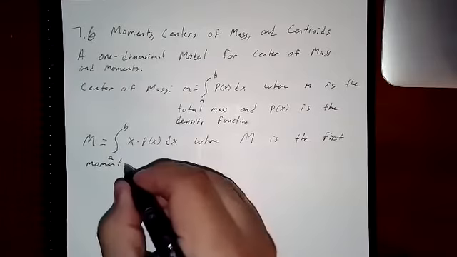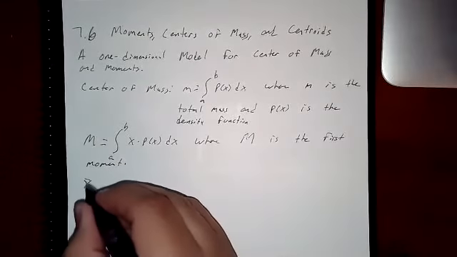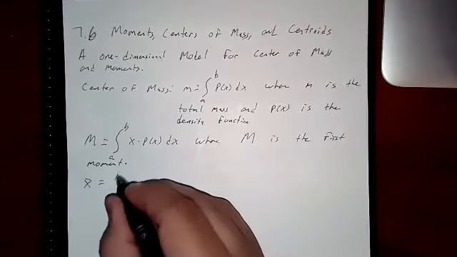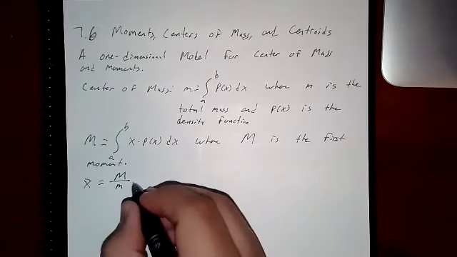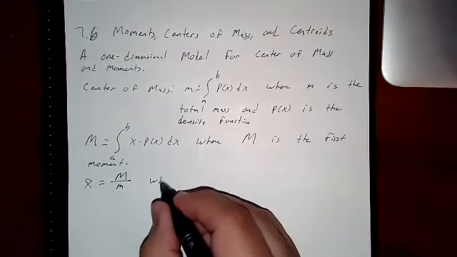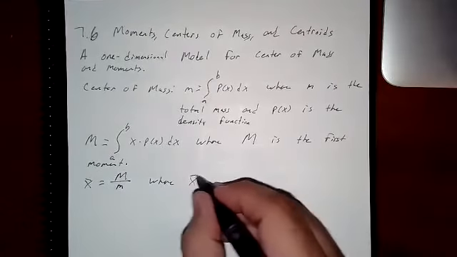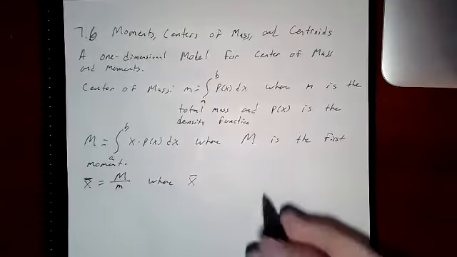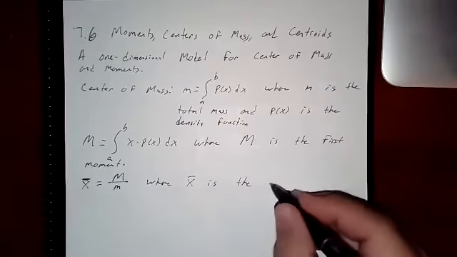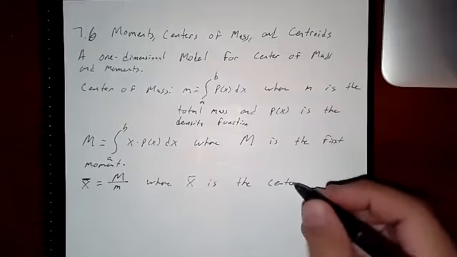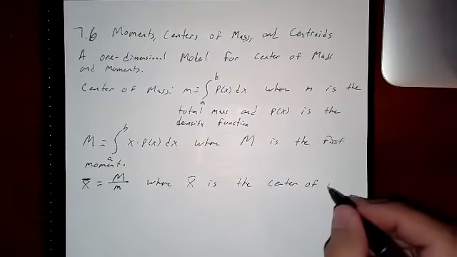Keep on going here. X bar is equal to capital M over little m, where X bar is the center of mass.